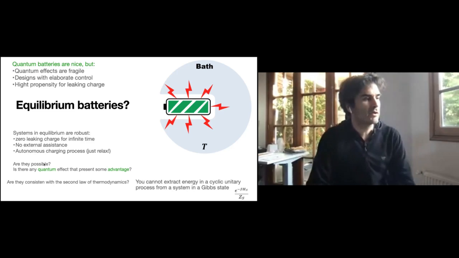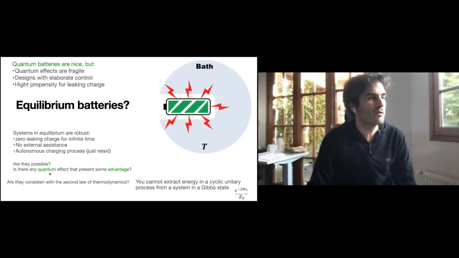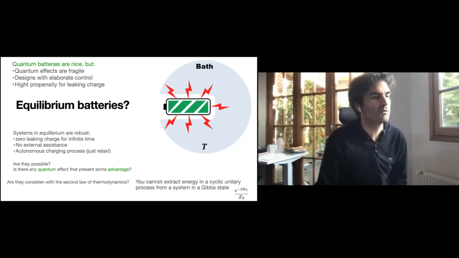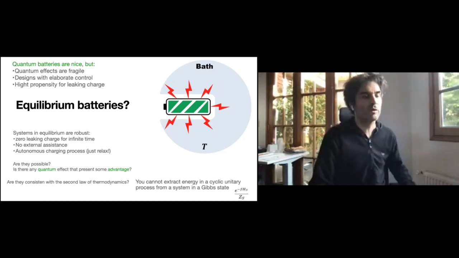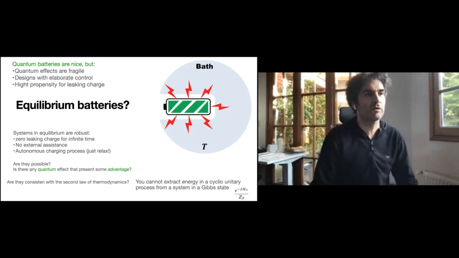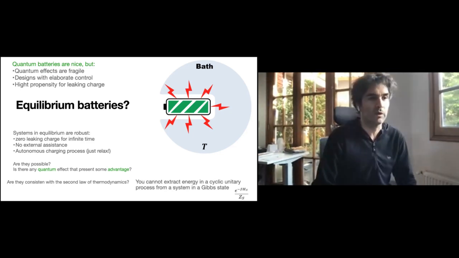So why was my first question not trivial for us? Well, because a quantum battery looks to contradict the second law of thermodynamics, right? It looks like it contradicts Kelvin's statement of the second law, because we want to extract energy from a system that is in equilibrium.